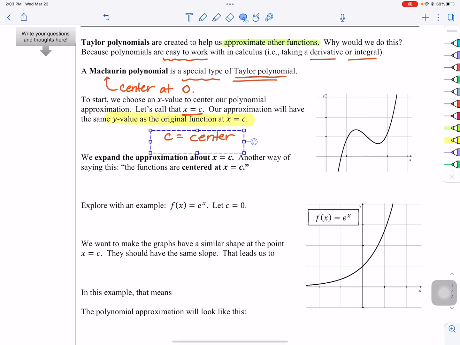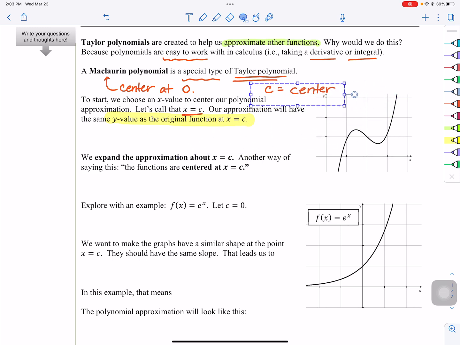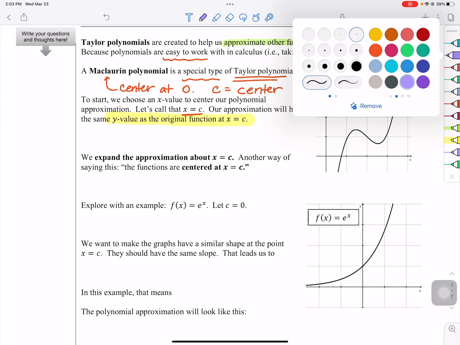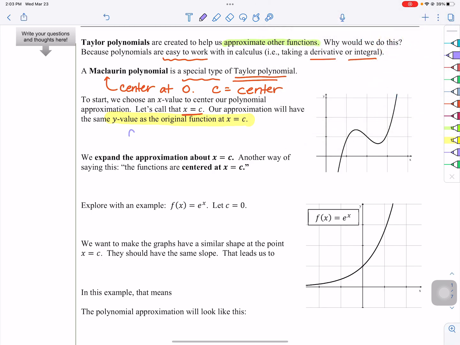So if c equals center, we want to say that f of c is equal to the polynomial that we will use evaluated at c. So at the center, these are the same.